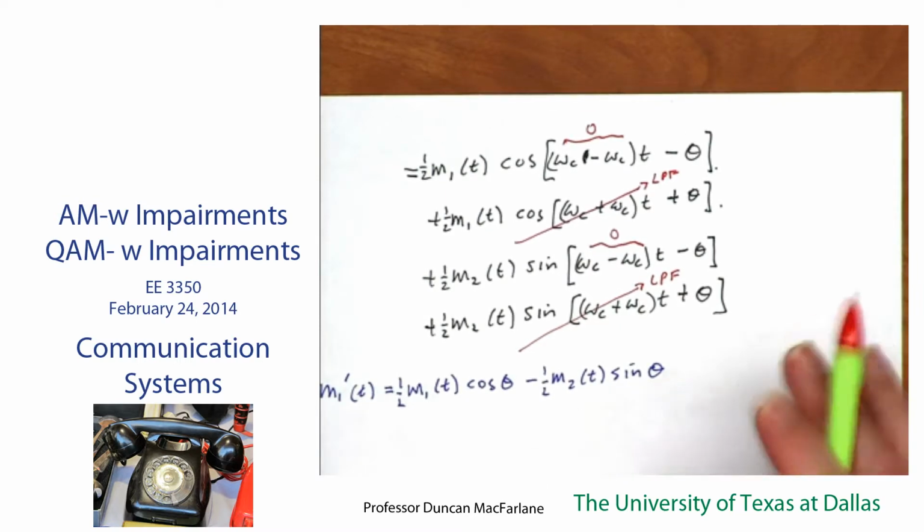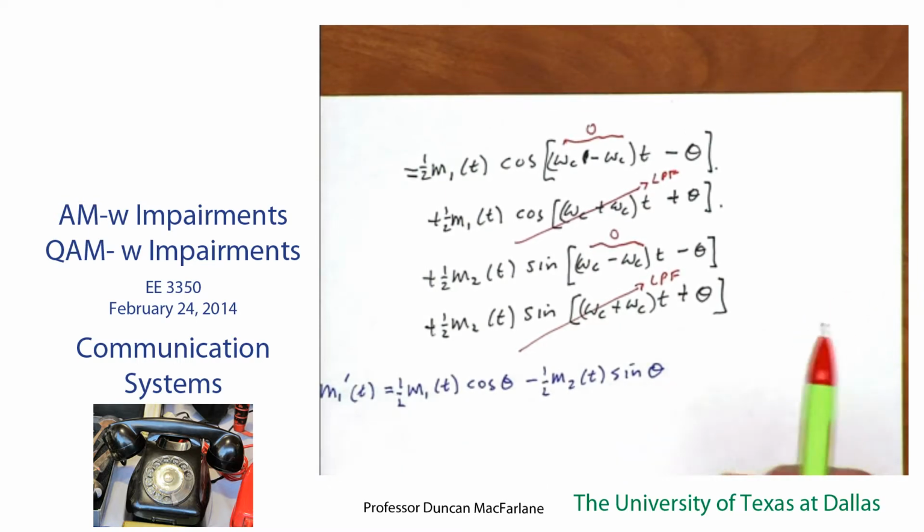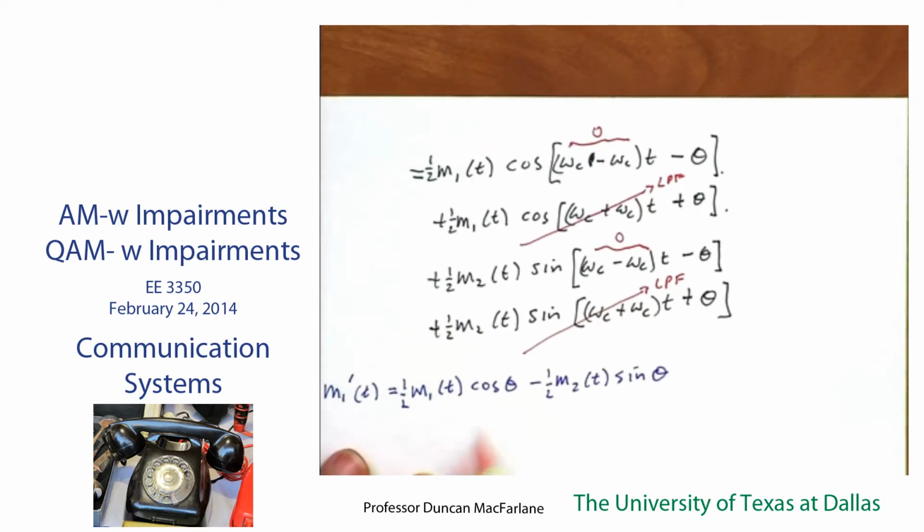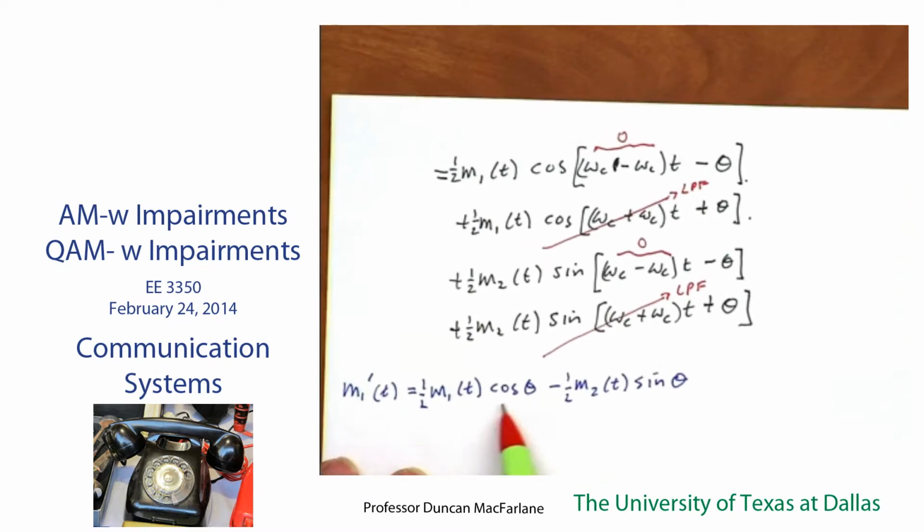So now you see what's going on here. A little bit of a phase shift. The phase shift causes two problems for the QAM system. Here's my reduction in signal. This is what we saw before, right? Cosine of some phase shift is not going to be 1. It's going to be 1 minus some number.